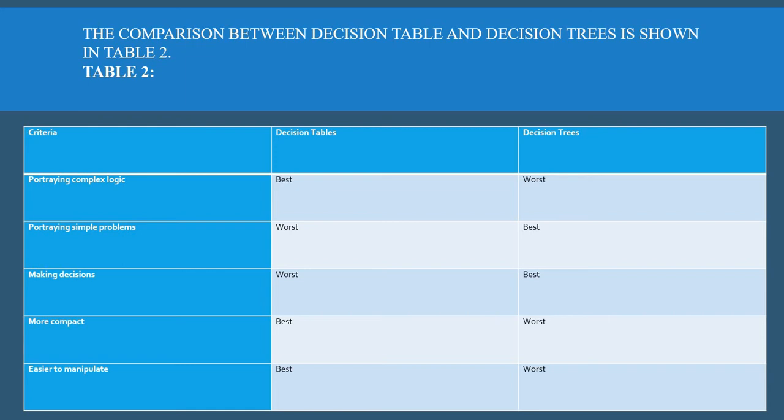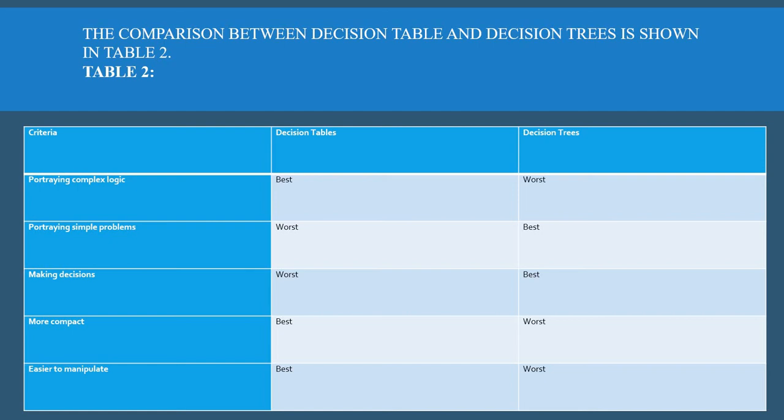The comparison between decision tables and decision trees is shown in the following table. The first criteria being portraying complex logic. Decision table is the best one, whereas decision tree is the worst. Portraying simple problems, decision table is the worst tool, whereas decision tree is the best one.